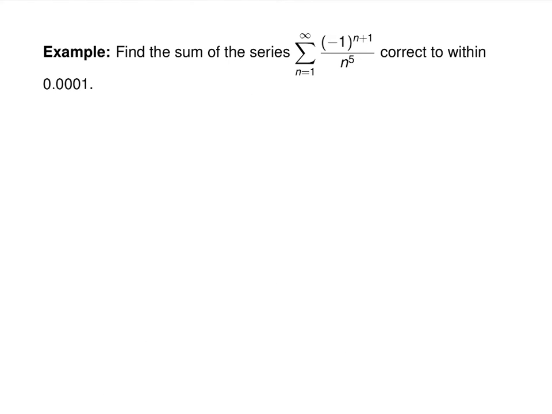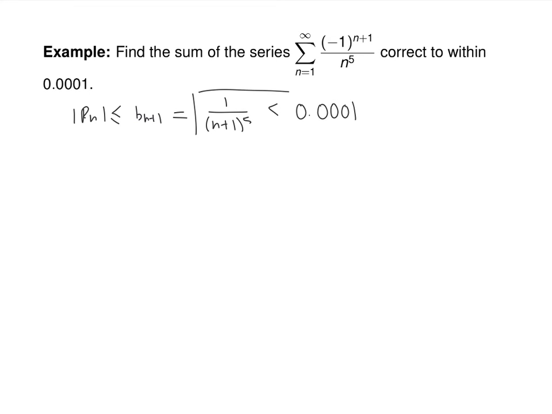And the alternating series test also had a pretty nice remainder estimate theorem. This said that the absolute value of the remainder was less than or equal to the absolute value of the next term you left off. And well, in this case, that next term you leave off will be 1 over n plus 1 to the 5th, and you want to ensure that that is less than 0.0001.